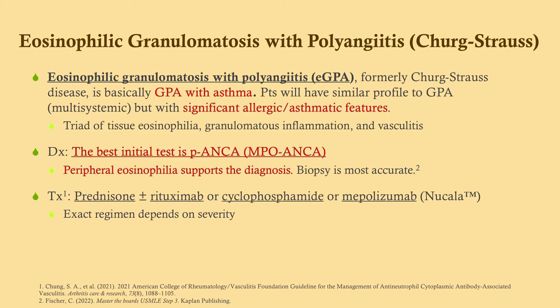And that will be positive in most cases. If you get a CBC, a lot of times, if you look at your differential, you'll have an eosinophilia that also supports the diagnosis. Biopsy, again, most accurate. The treatment here is prednisone and rituximab. There are other drugs you can use, one of them being mepolizumab or Nucala. This is an IL-5 inhibitor.